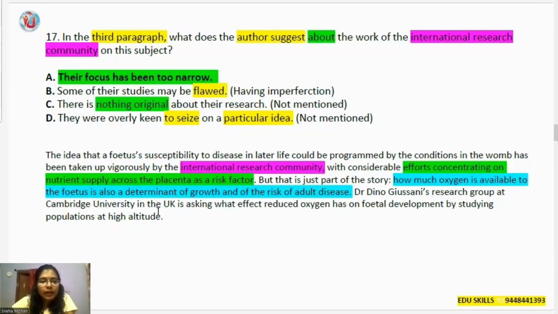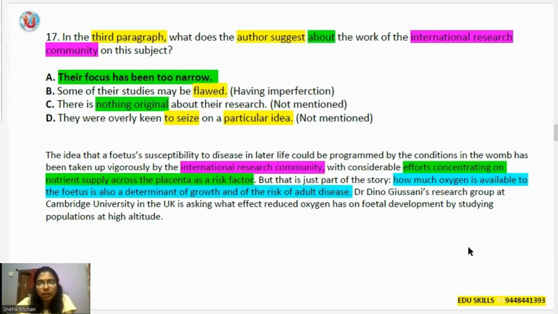Now let's see why I've selected A as the correct answer option. That is, the idea that a fetus's susceptibility to disease in later life could be programmed by the conditions in the womb has been taken up vigorously by the international research community, okay, with considerable efforts concentrating on nutrient supply across the placenta as a risk factor.